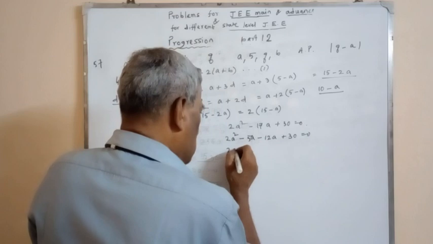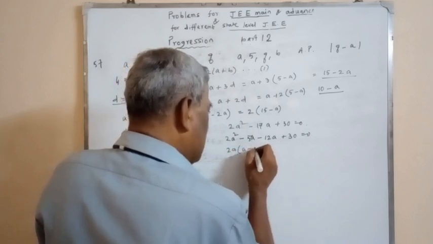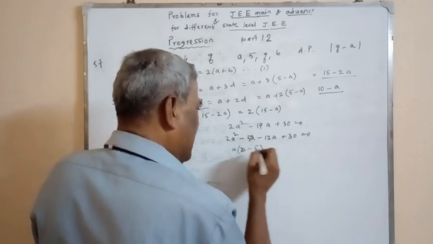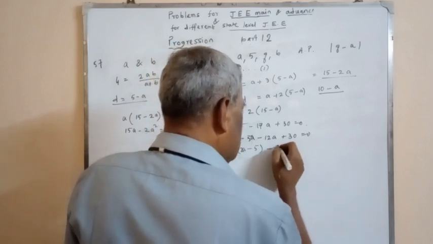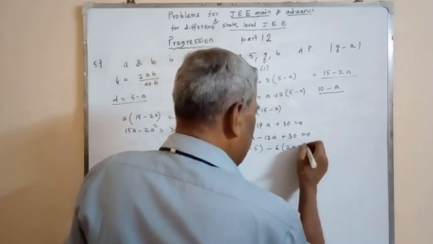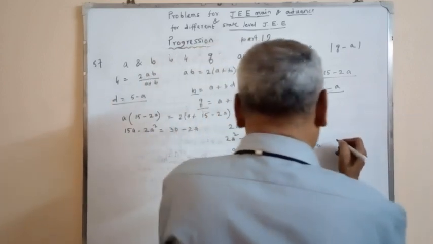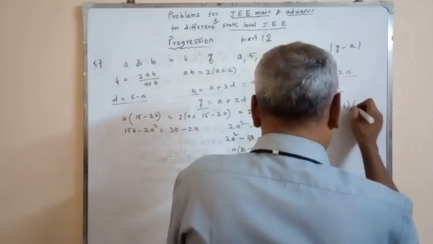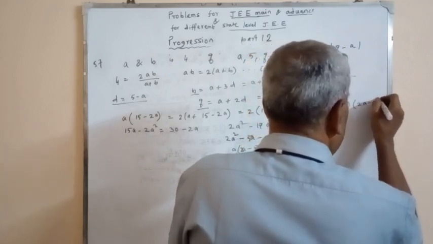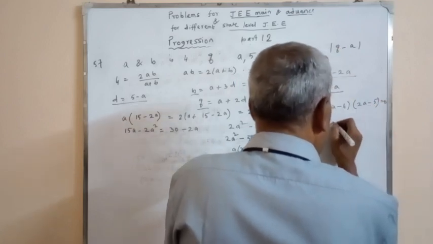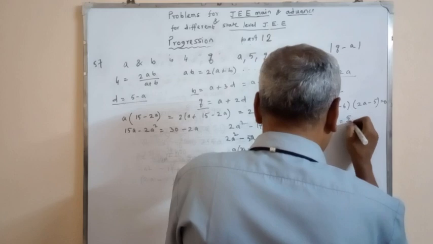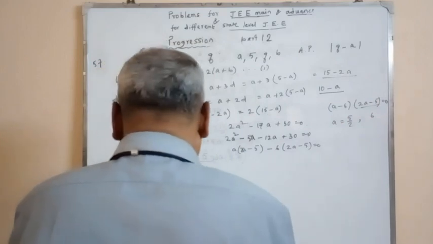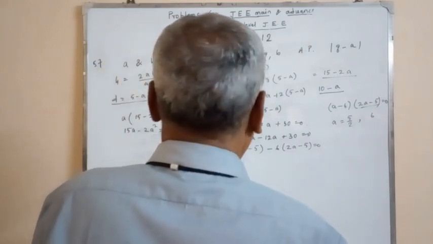Taking a common, a into 2a minus 5, minus 6 into 2a minus 5 is equal to 0. That is, we have either a minus 6 or 2a minus 5 is equal to 0. So a is either 5 by 2 or it is 6. So we get two values of a.